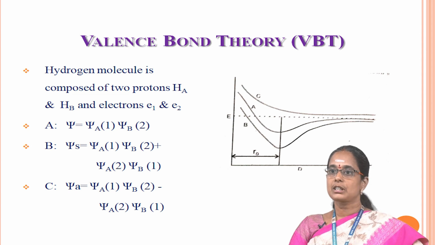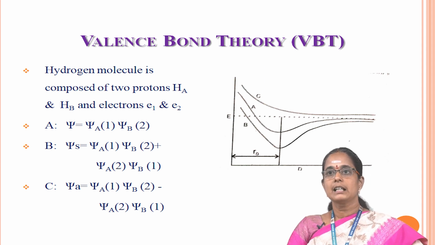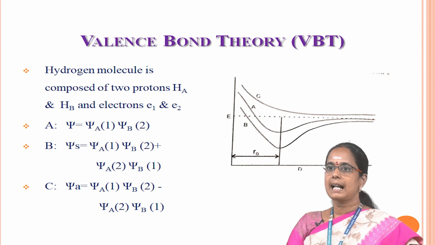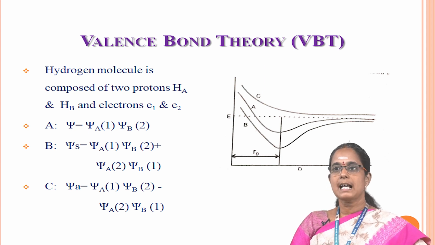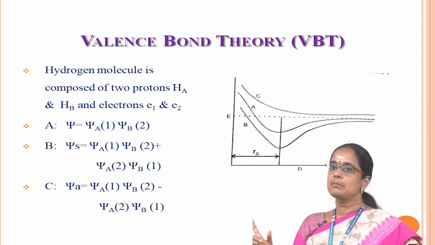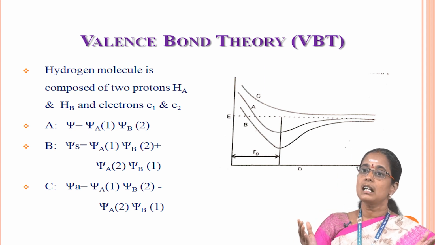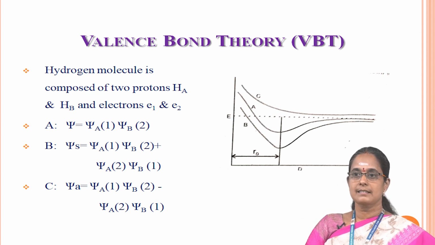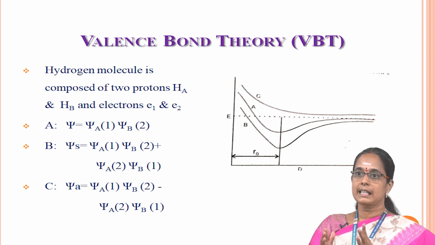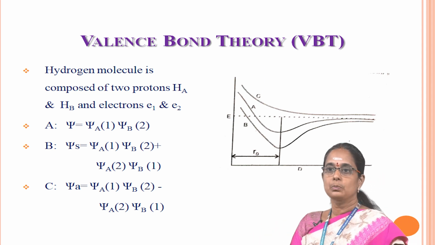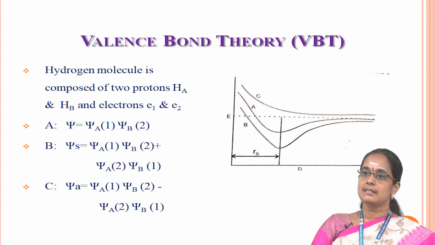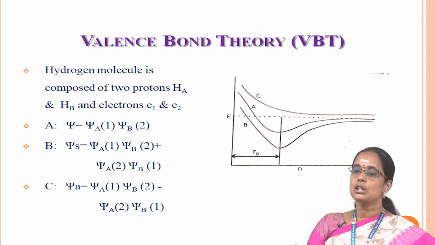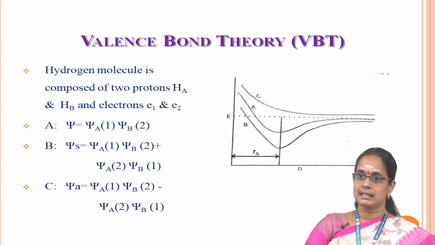Let the wave functions of the electrons in the separated atoms be represented as psi A1 and psi B2. Then the total wave function is psi equals psi A1 psi B2. Using the wave function psi, it is possible to calculate the energy of the system.